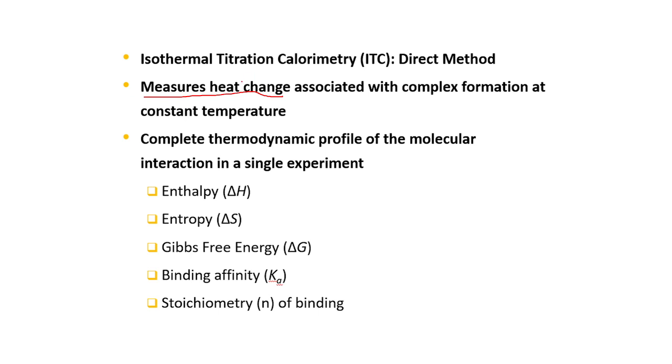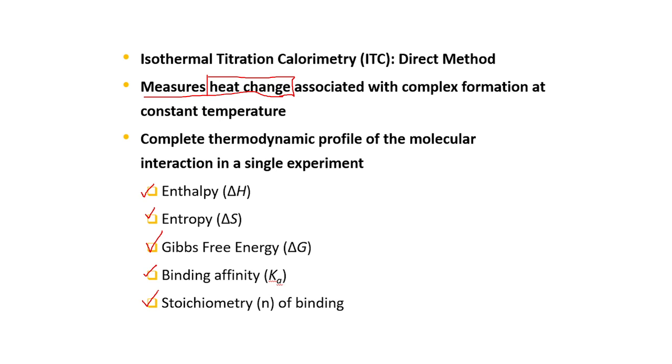So what can you calculate? First thing to keep in mind, it measures the heat change. Other information you can gather from this experiment is the enthalpy, then the entropy, and from this you can calculate the Gibbs free energy, then comments on the binding affinity and the stoichiometry of binding, as to how many ligands are binding with your protein molecule.